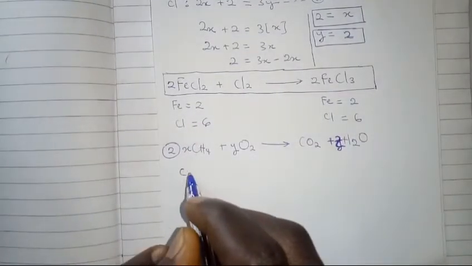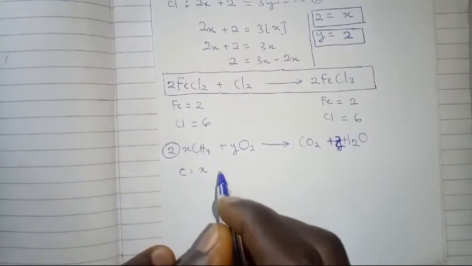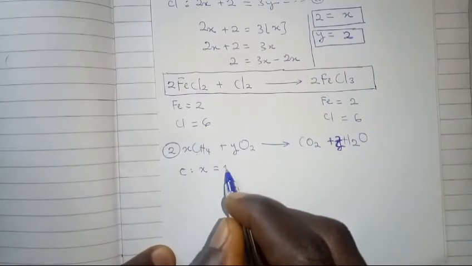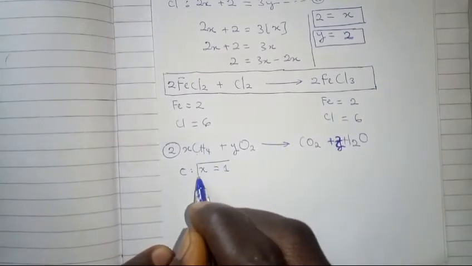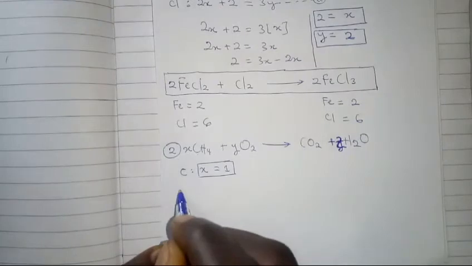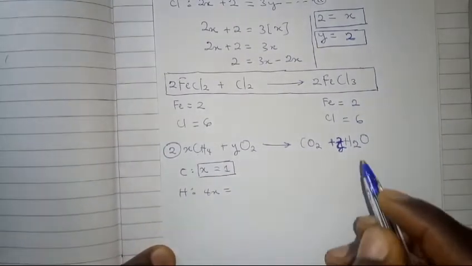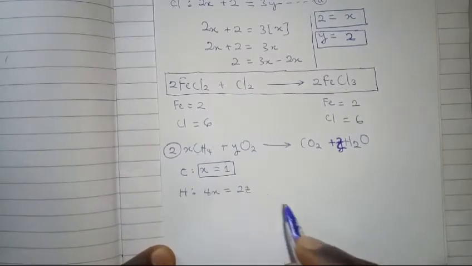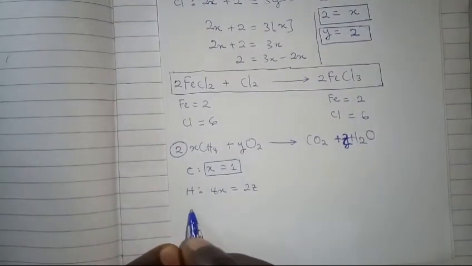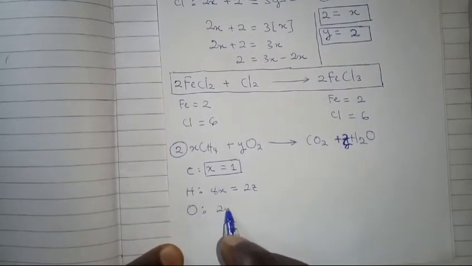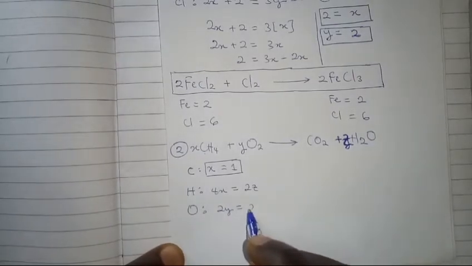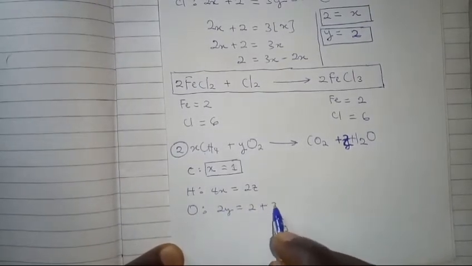So for the carbon, we have X on this side, but on this side we have 1. So that already tells us one answer there. Then for hydrogen, we have 4X is equal to 2Z on this side. Then for the oxygen, we have 2Y is equal to 2 plus Z.